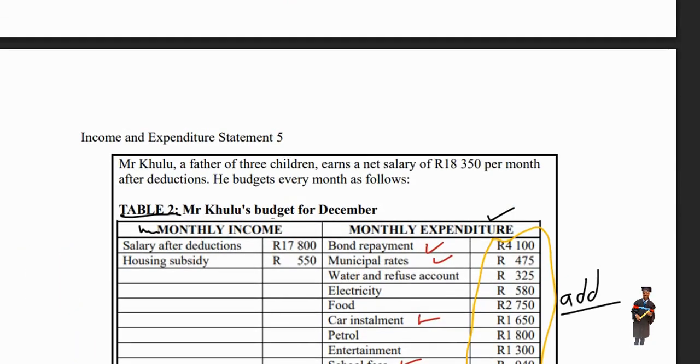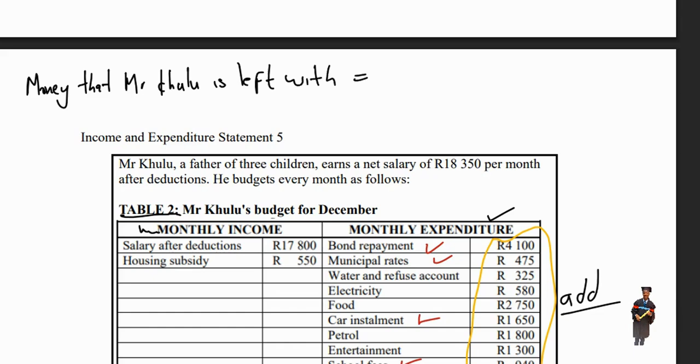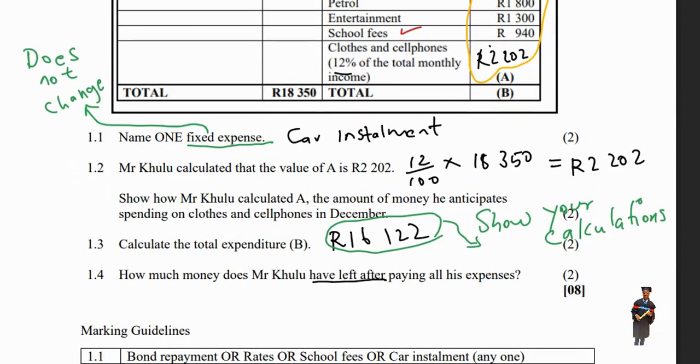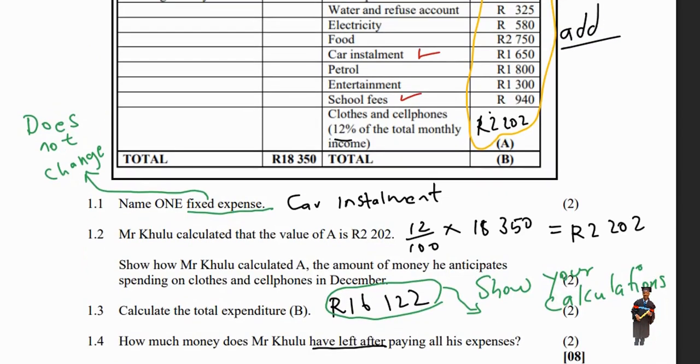We have to say, the money that Mr. Kulu is left with is equal to the total income subtract the total expenditure.